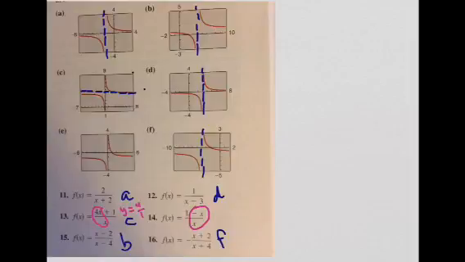And so this would be y equals negative 1 over 1 for my horizontal asymptote. And so that's equal to negative 1. And if you look at letter E, you go down to y equals negative 1, you can draw the line there, and there's a horizontal asymptote right there. So this would be letter E.